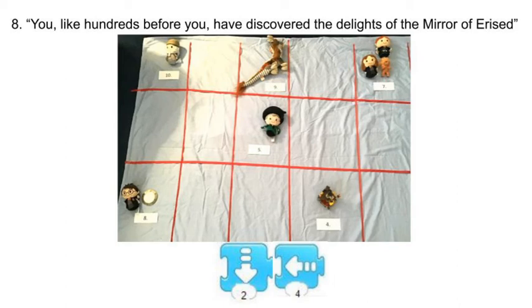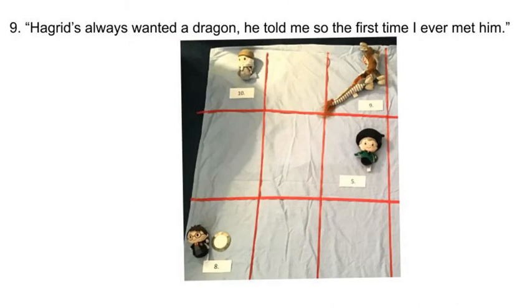Uh-oh. Someone has given Hagrid a dragon egg. Oh no. Harry must convince Hagrid in scene 9 to let Norbert go live in Romania with the other dragons. How will he get there? We have to do some counting. Let's see. First, we should move to the right 1.